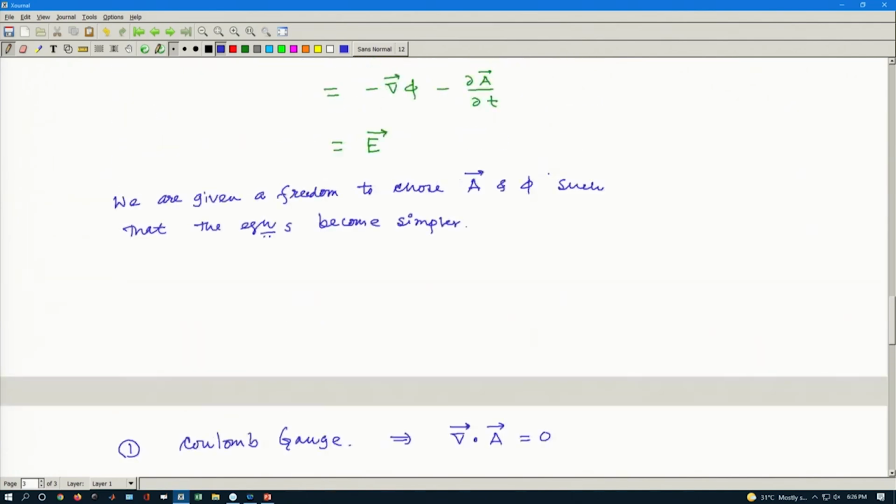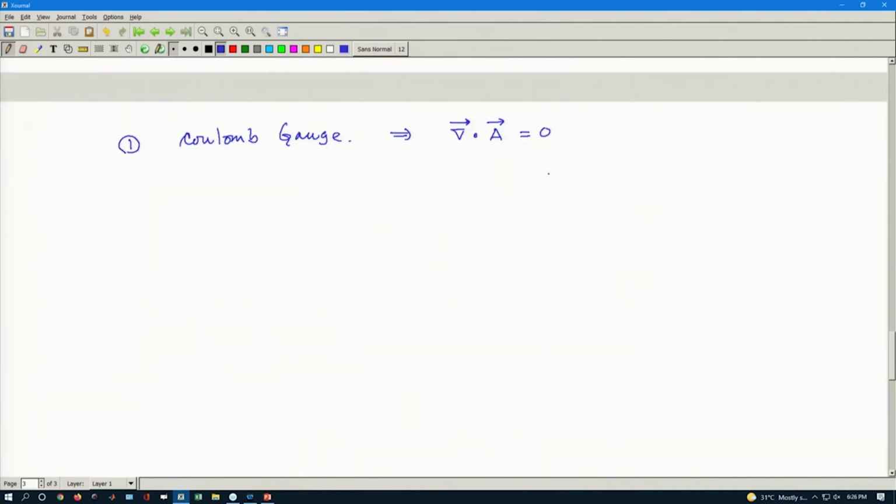Now, the question is, suppose A is given to me, suppose we have A such that the divergence of A is not equal to 0, but we know the value and this is not equal to 0.